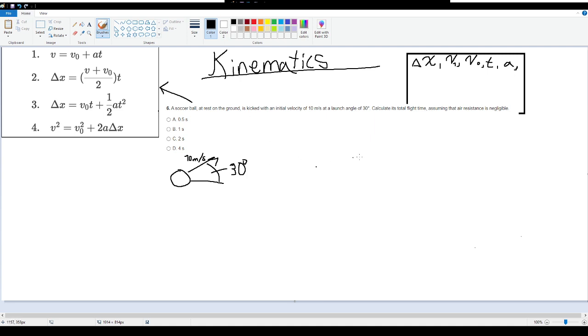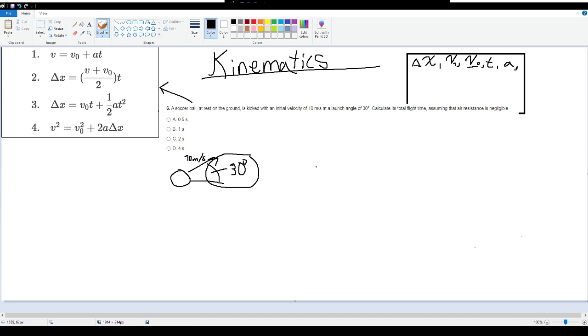So this question obviously is a bit more complicated than the last one, because one thing is we have this degree, and the second thing is there's an element of mystery to the question, because you'll see that a soccer ball at rest on the ground is kicked with an initial velocity of 10 meters per second.